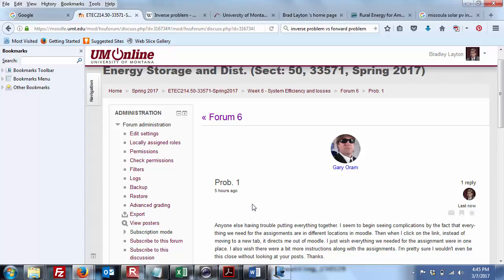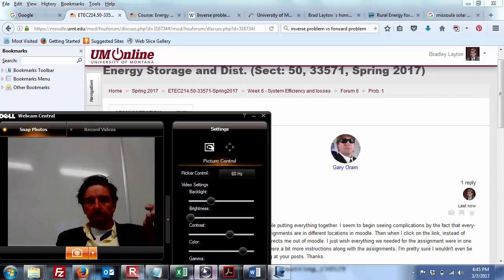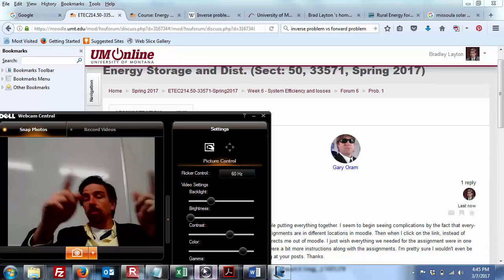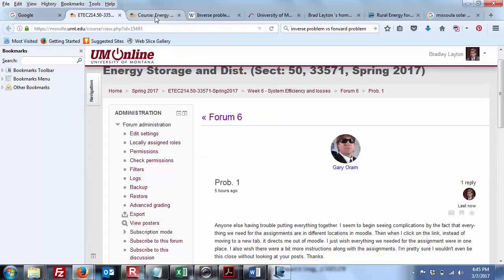When I click on the link, so in terms of that, I think what you can do is a control click. So here's my answer to that, Gary. If you go anywhere on a link, and if you want it to come up in a new tab, the thing to do is control click, and that'll bring up a fresh tab. So for example, I just did that right here.